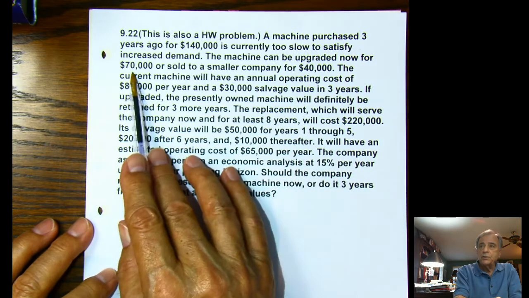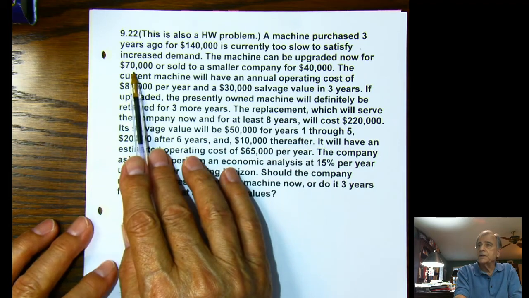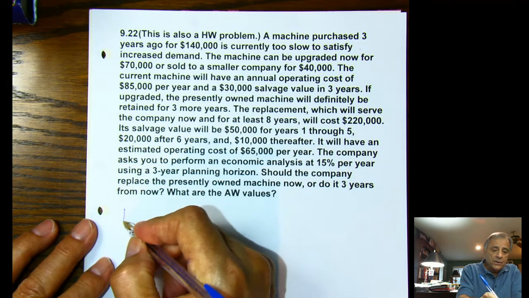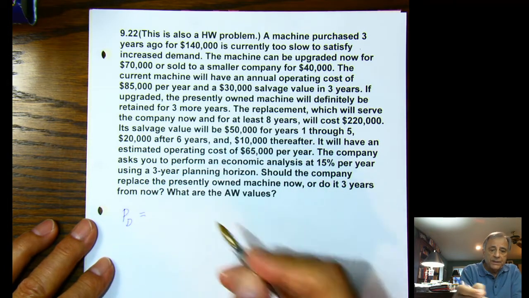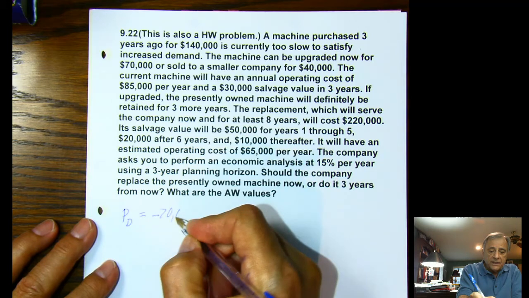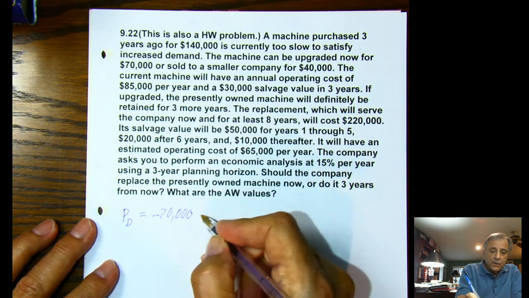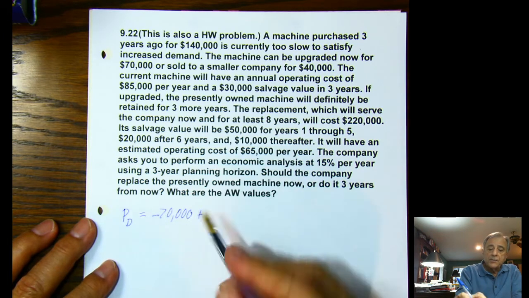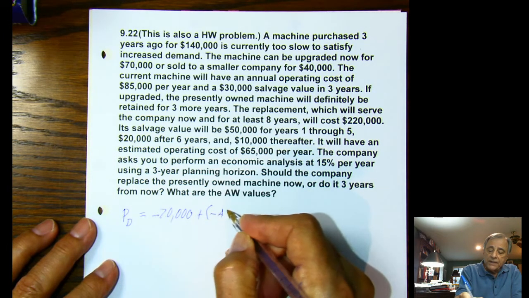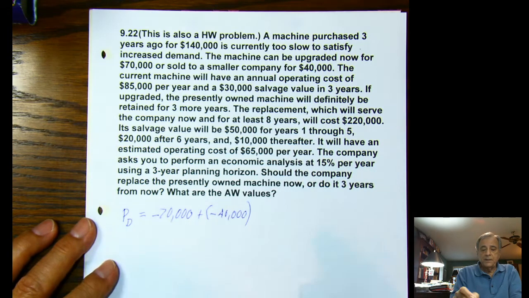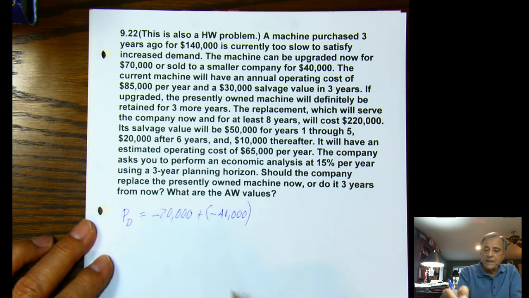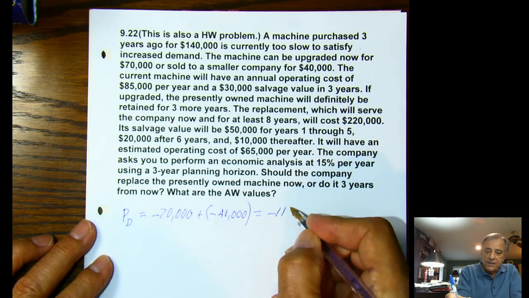But to make it do what we want it to do is going to cost $70,000. So the present worth of the Defender is going to be the $70,000 that we have to spend to upgrade it, plus a minus $40,000 because we gave up receiving that $40,000, which we would have received if we had replaced it. So both of those add up to minus $110,000.